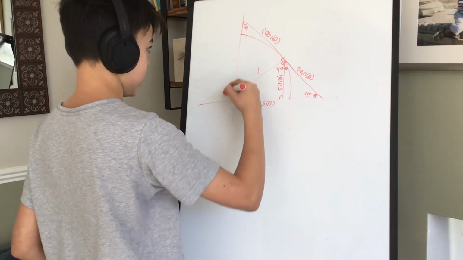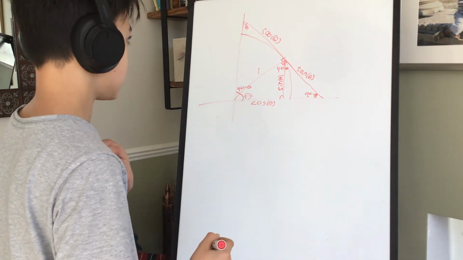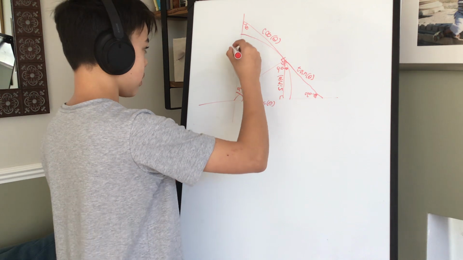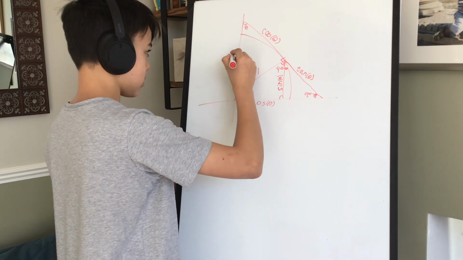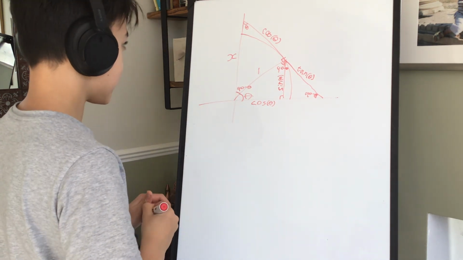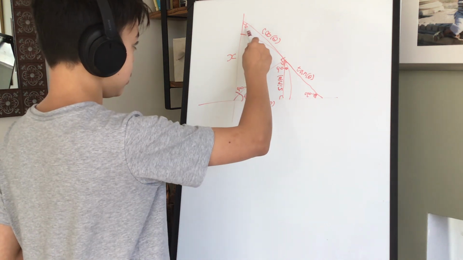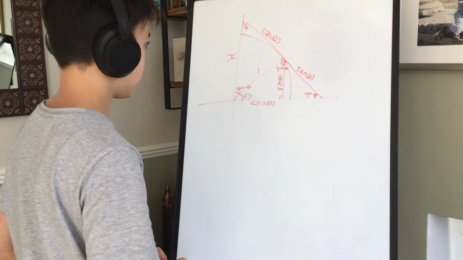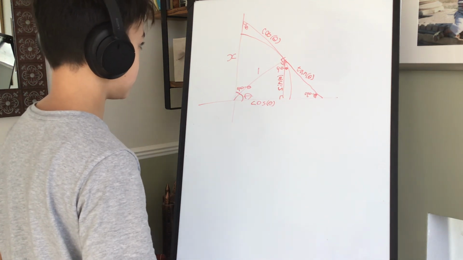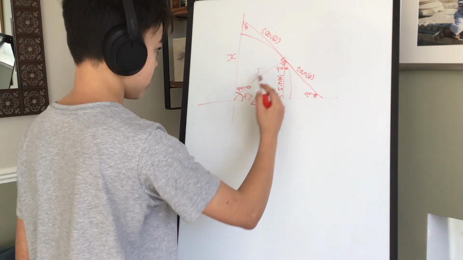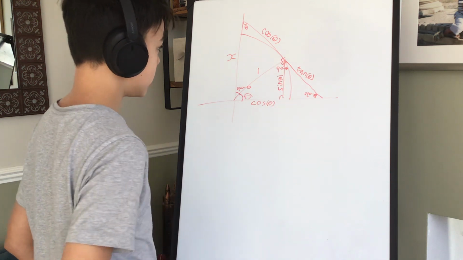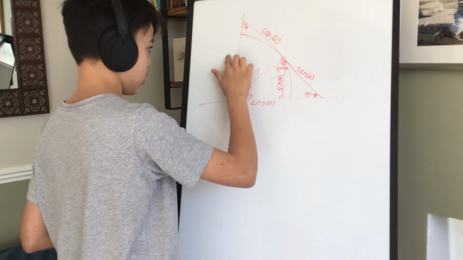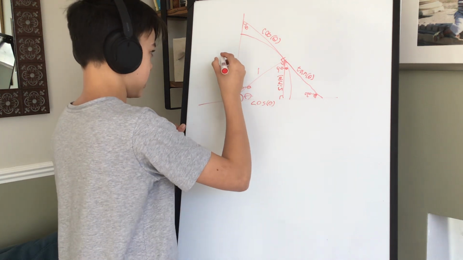Okay, only 2 more to go now. Let's look at this line here, okay? So this is the hypotenuse of theta. Let's just call it x. X over 1 is the hypotenuse, right, this line, over the opposite 1. That's also going to be 1 over sine. And like we said before when we were looking at the identities, 1 over sine is cosecant.